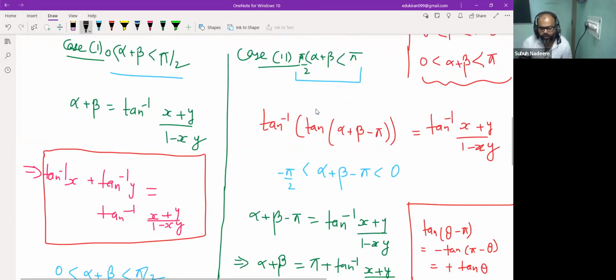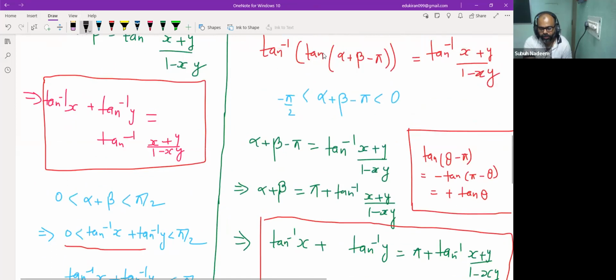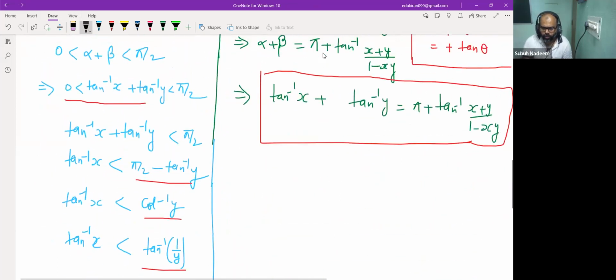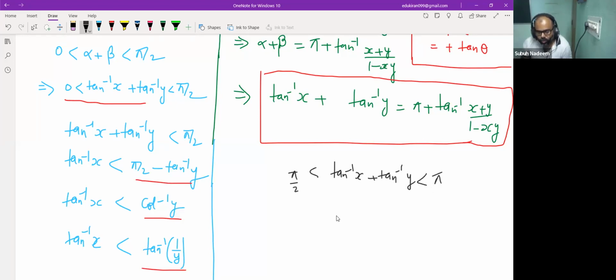Alpha plus beta between pi by 2 to pi. This is the next case for this formula. So if alpha plus beta, which is tan inverse x plus tan inverse y, is pi by 2 to pi, smaller than pi it is okay, because we know that tan inverse x, which is alpha, is 0 to pi by 2, and tan inverse y, which is beta, is 0 to pi by 2.